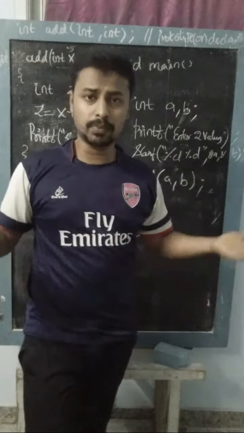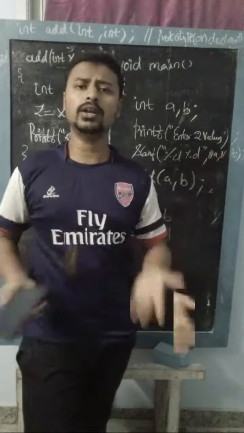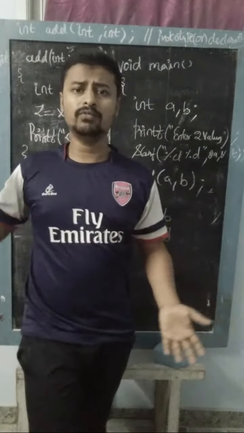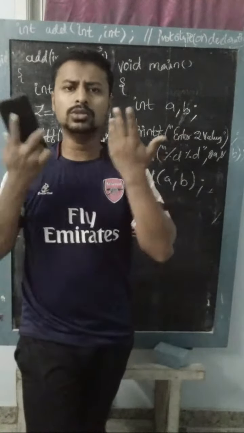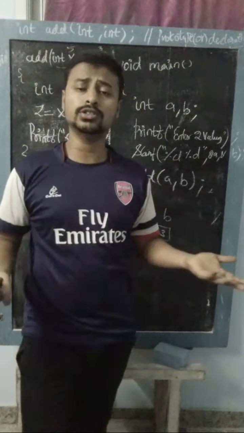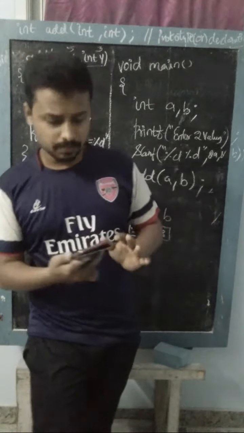So that is a good practice for the programmer too. Whenever we are using a function, we should use the function declaration. That is a good practice. That is good manners. So you just write the function declaration or function prototype in all the programs. That's the thing. Okay, fine.